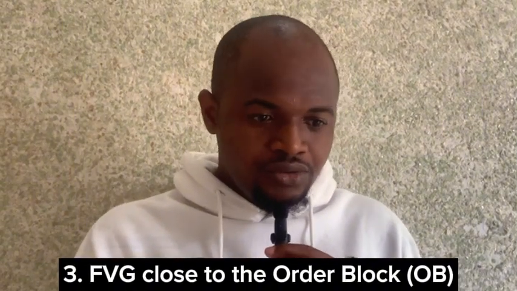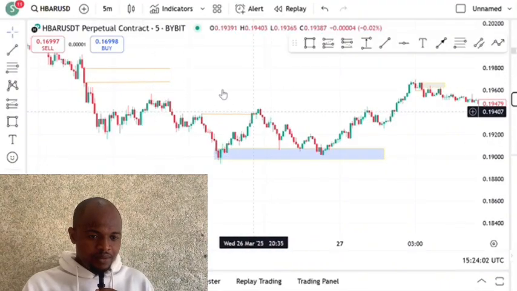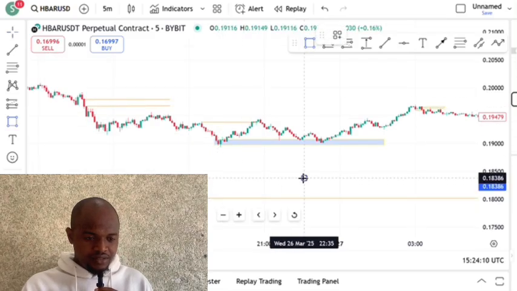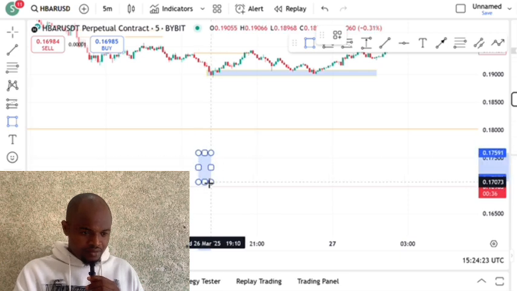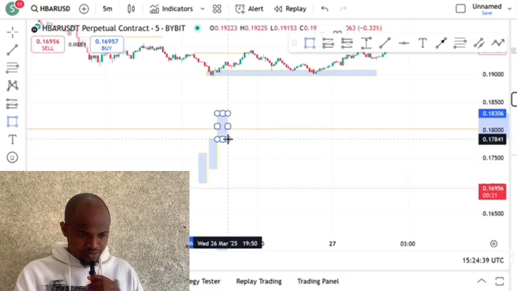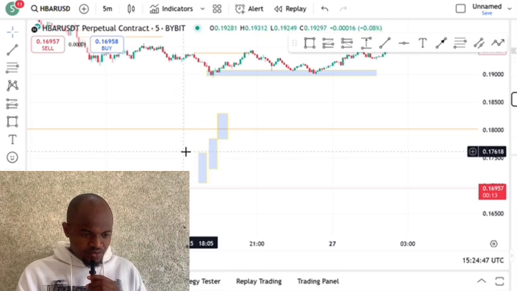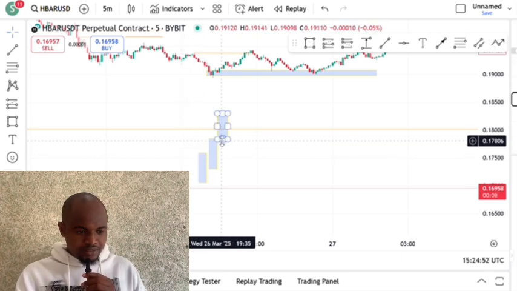Okay, so how do you identify a fair value gap? This is how you identify it. When you have three candles trading, for instance, let's do this. You have three candles like this, somewhere like this. A fair value gap simply means the distance between the tip of this first candle and the base of the third candle.